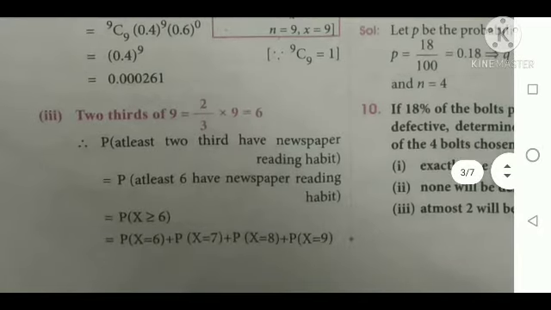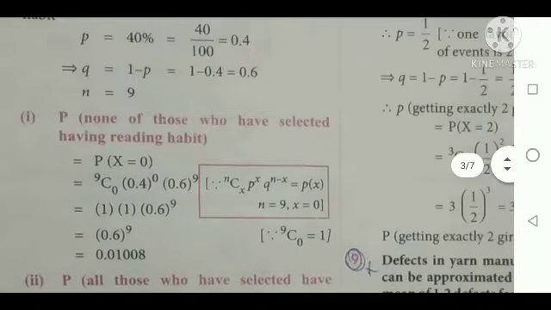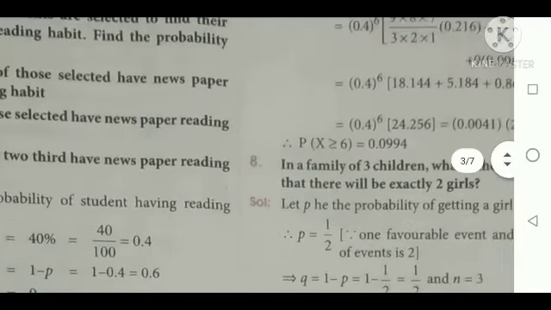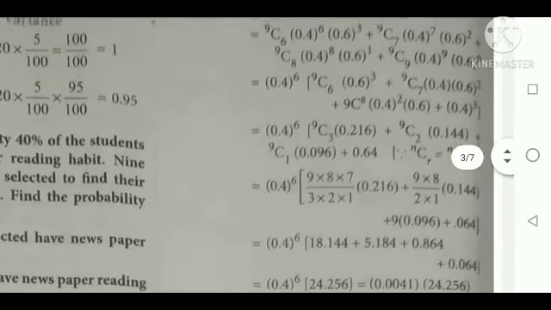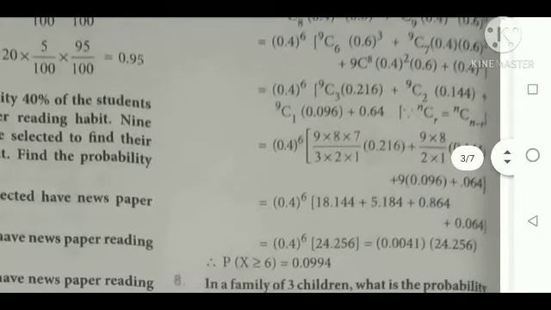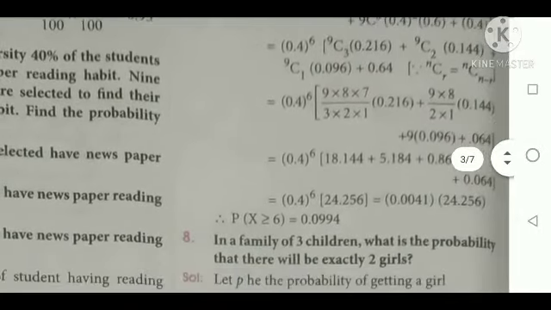So P of x equal to 6 plus P of x equal to 7 plus P of x equal to 8 and P of x equal to 9. So we have to find all those things. After that we add these things in order to arrive at the answer. So we are getting the answer 0.0994 after cancelling the things.